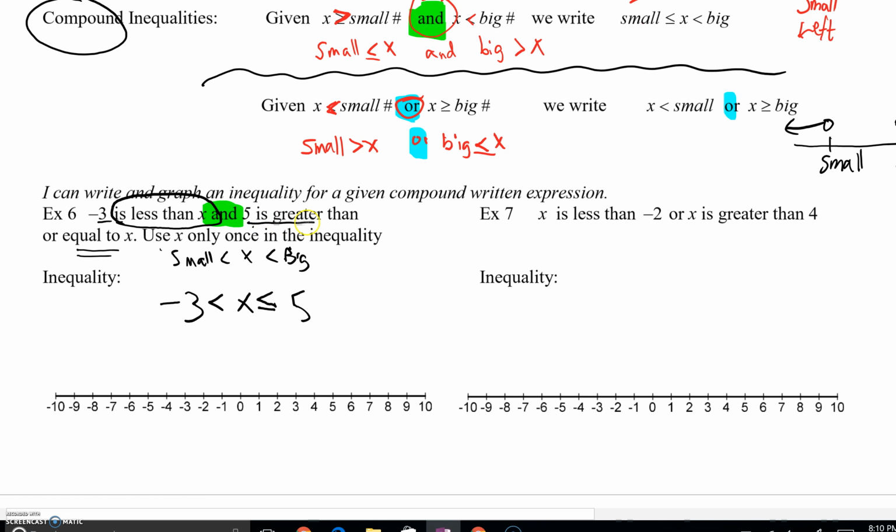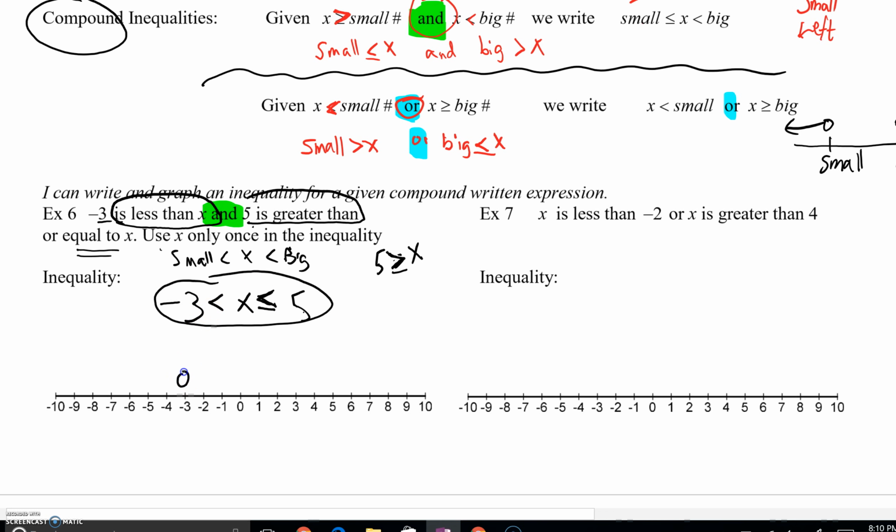What troubles kids sometimes is they'll say, you didn't write 5 is greater than X. Wouldn't that be 5 greater than or equal to X, just like this? Yes, but look, the mouth of the inequality is opening up towards the 5. It is equivalent. This would be the inequality that you'd write.